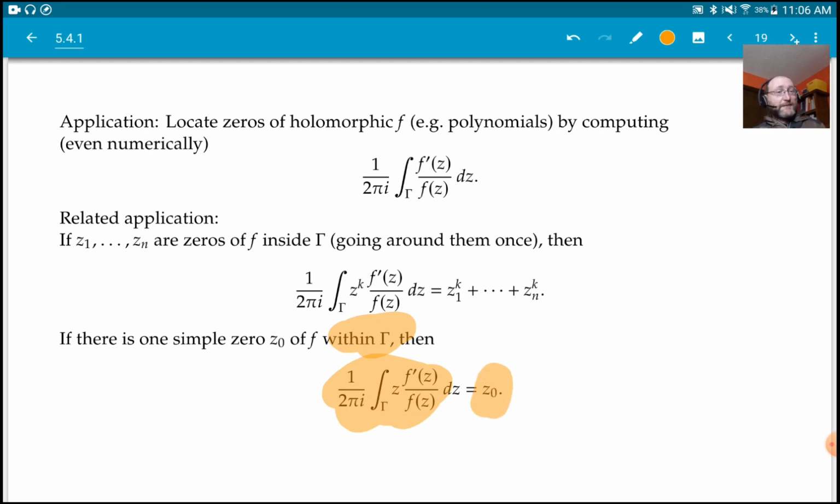So I just know the zero is somewhere within here, and I compute this, maybe numerically if I'm only interested in an approximation. So those are just some simple, non-theoretical applications of the argument principle. We'll see some theoretical applications later on.